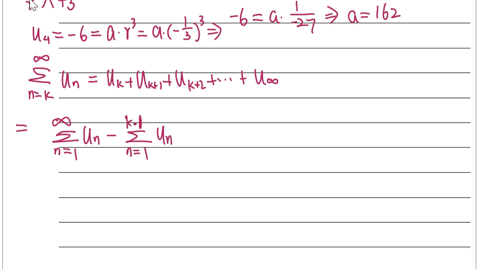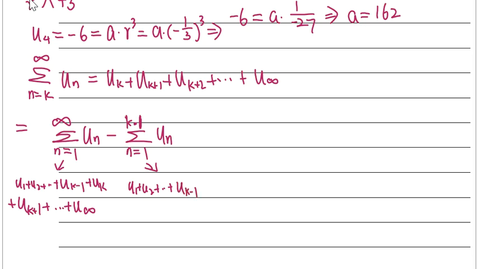Does it make sense to you? Because if you expand this series, you have u1 plus u2 plus all the way to u sub k minus 1 plus uk plus uk plus 1 plus all the way to u infinity. And for this series, you expand it, you've got u1 plus u2 plus all the way to u sub k minus 1. Now if you use this whole thing to subtract this whole thing, you've got something like this.